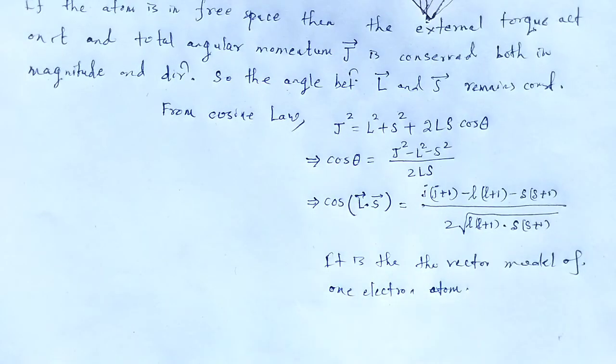It can be extended to many electron atoms, and this is very helpful to explain the fine structure of spectral lines and the anomalous Zeeman effect, with the hyperfine structure.